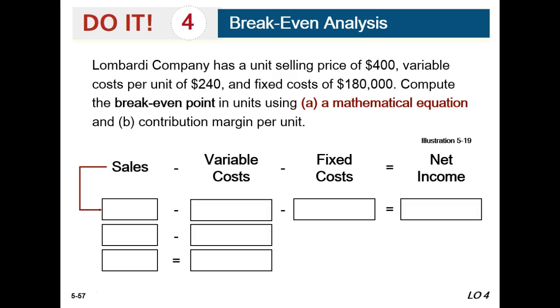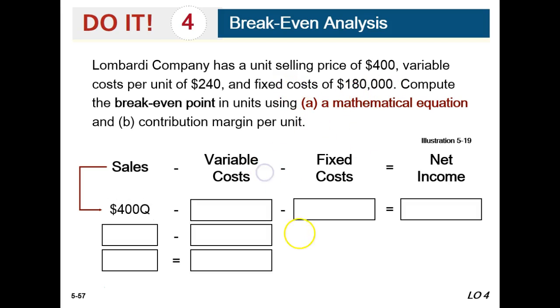If we're selling it for $400, variable costs are $240, what's our contribution margin? $160. What's $160 divided by 400, the sales price? 40%.